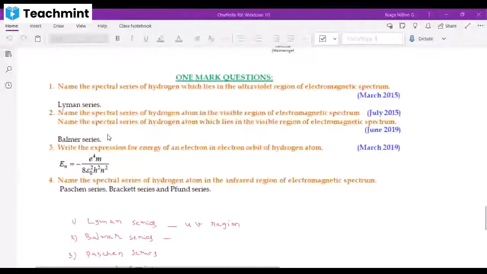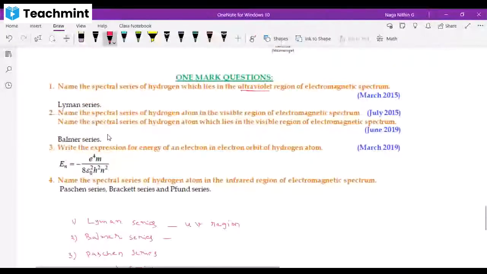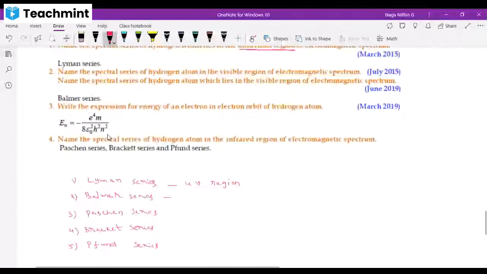So in the ultraviolet region, Lyman series is there. Lyman series, it will be ultraviolet region. Next, second question: name the spectral series of hydrogen atom in the visible region.